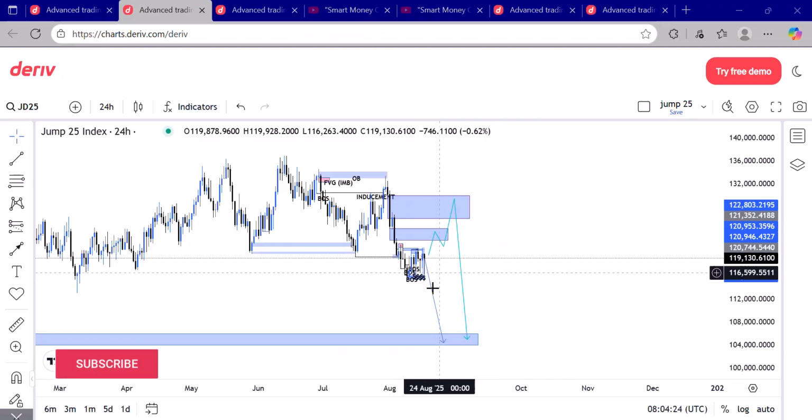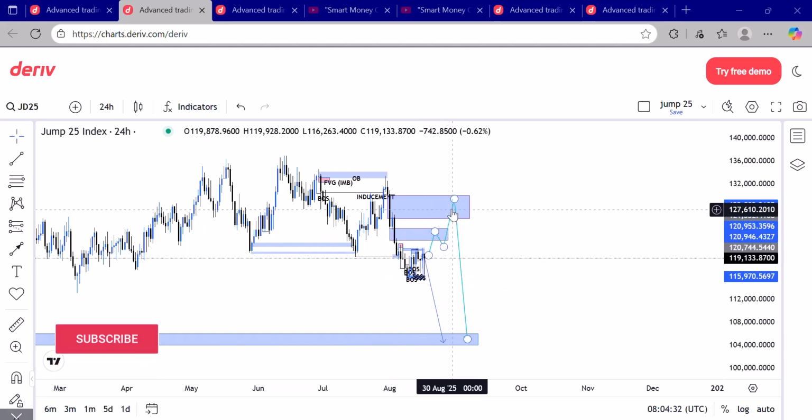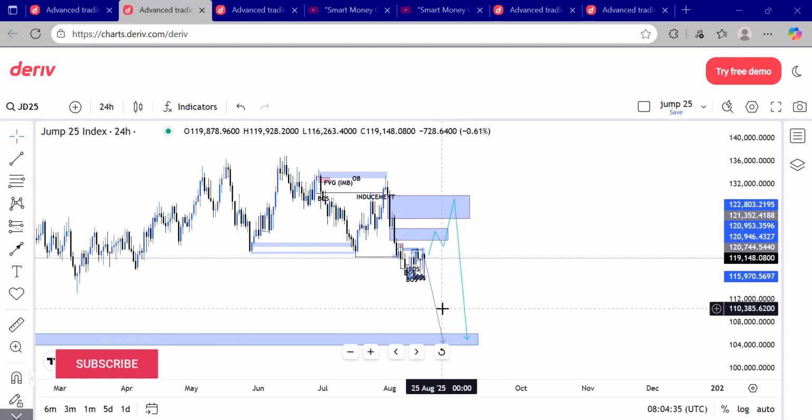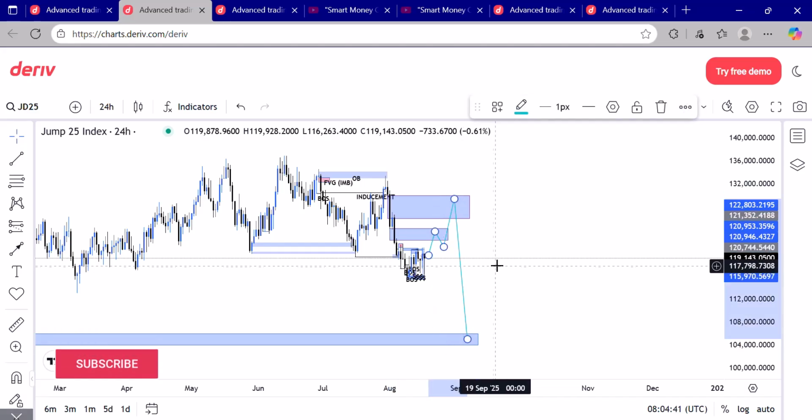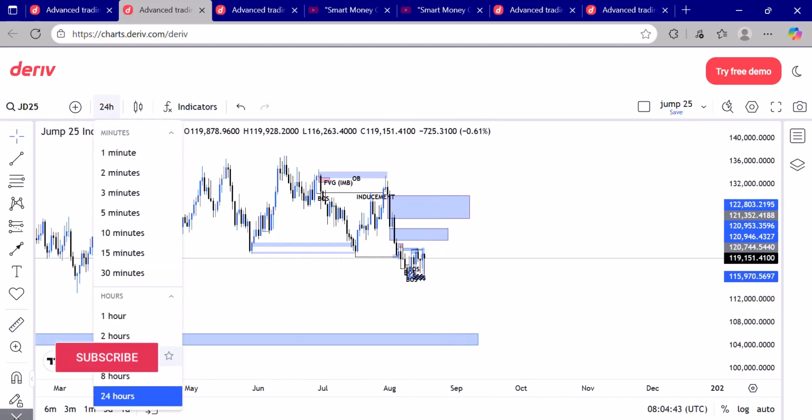We are looking out for either price doing this, selling from here down, or price going up here and then coming down before it sells down massively. It's all going to be dependent on what the price is doing for us to know which direction it's going. All right, so let's go back to our lower time frame.